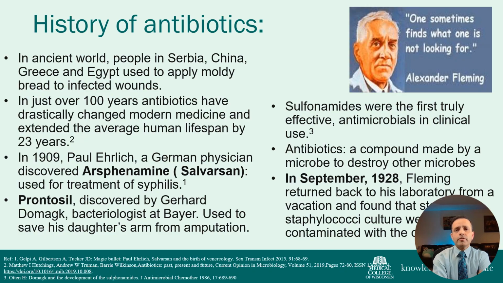In 1909, Paul Ehrlich discovered Salvarsan, and it was used for treatment of syphilis. Then Prontosil by Gerhard Domagk. He was a bacteriologist, and he used that to save his daughter's arm from amputation.